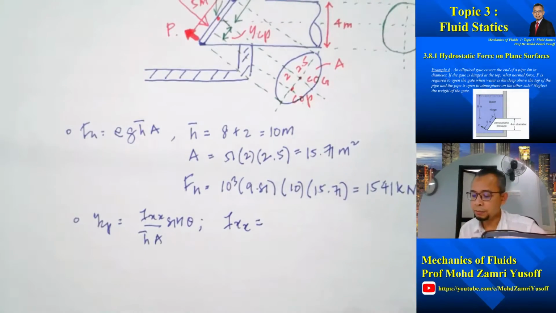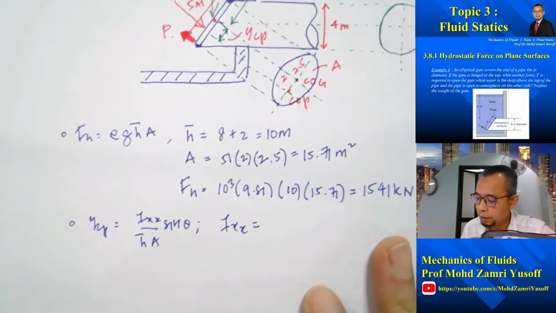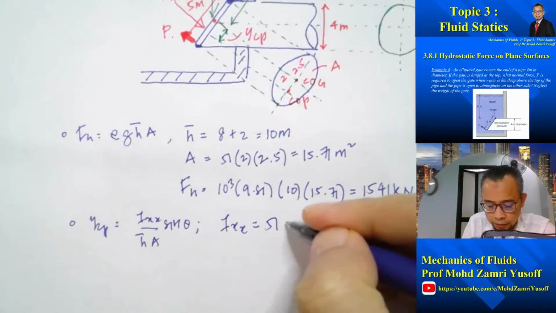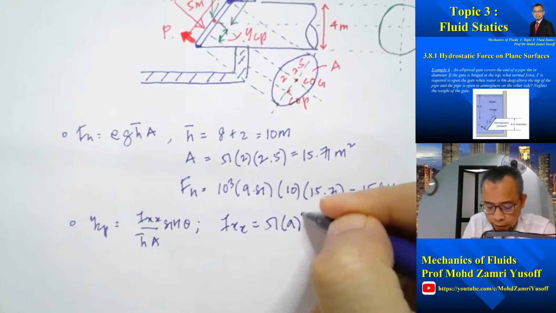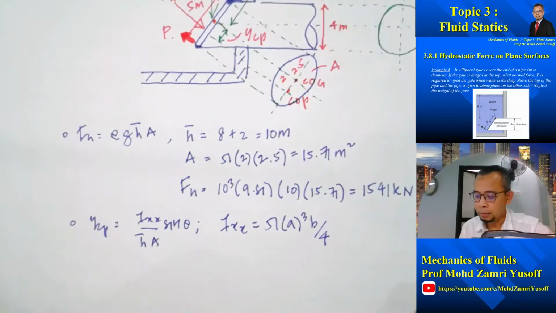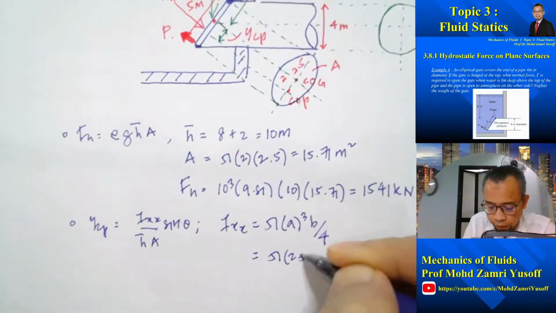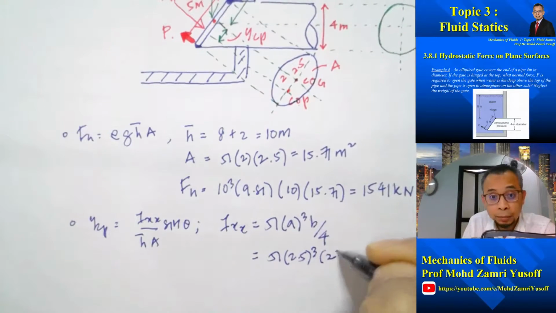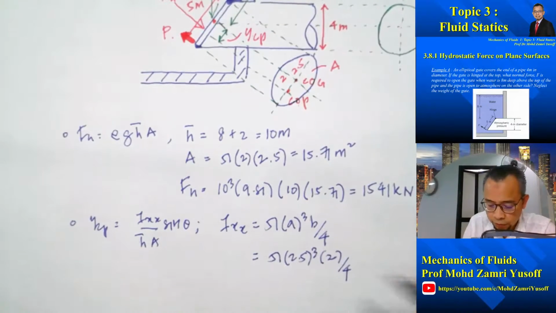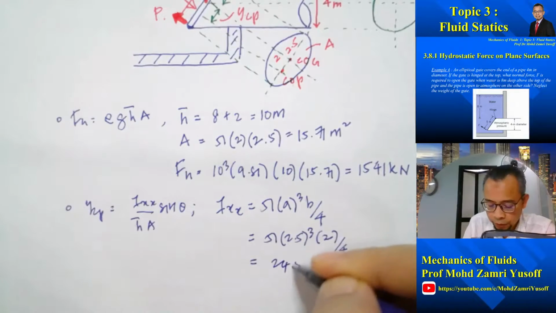Second moment of area for ellipse is given by pi a cubed b over 4. So that is equal to pi times 2.5 cubed multiplied by 2 divided by 4. That gives us Ixx equal to 24.54.